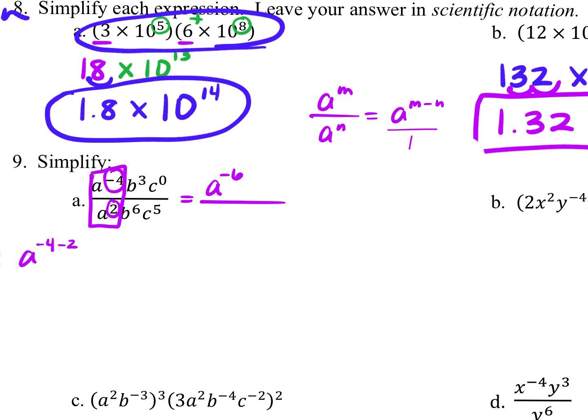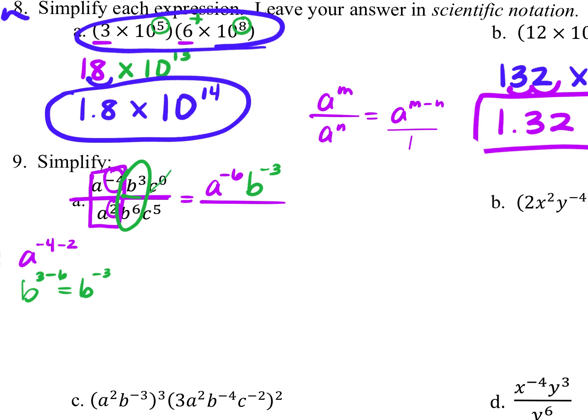You always subtract them with division. We're dividing; this is a division bar. Okay, look at your b's. B to the 3rd over b to the 6th. We're dividing. That would be b to the 3 minus 6, which is b to the -3rd. Again, that's a numerator.